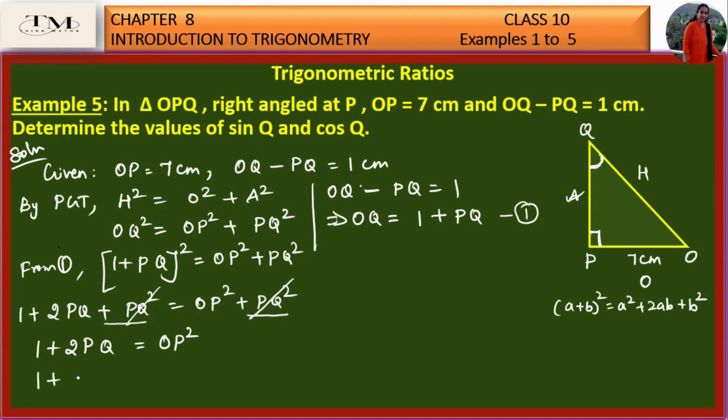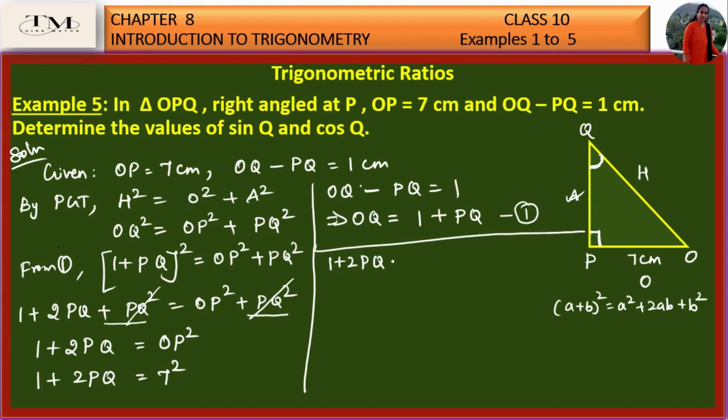So it is 1 plus 2PQ is equal to 7 square. So 1 plus 2PQ equal to 49. 2PQ is equal to 49 minus 1. So PQ will be equal to 48 by 2. 2 is in the numerator as a product, it will come to division.